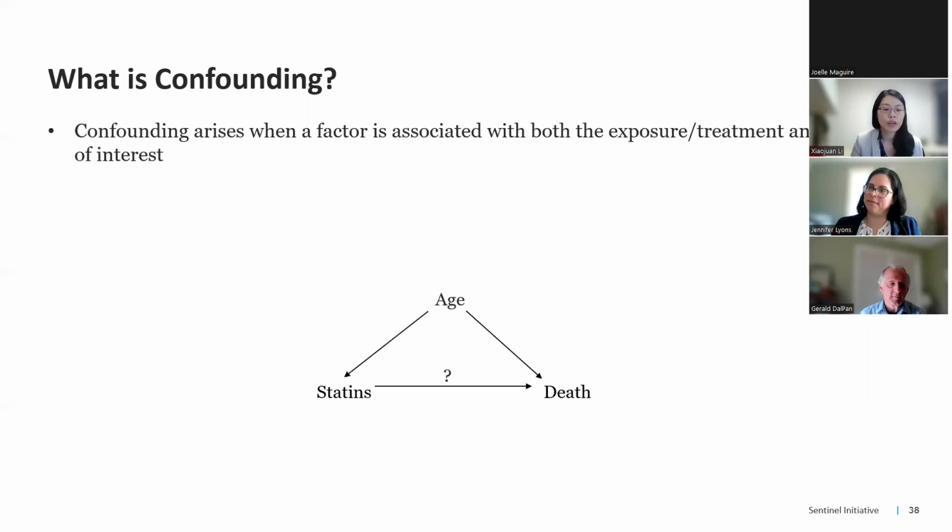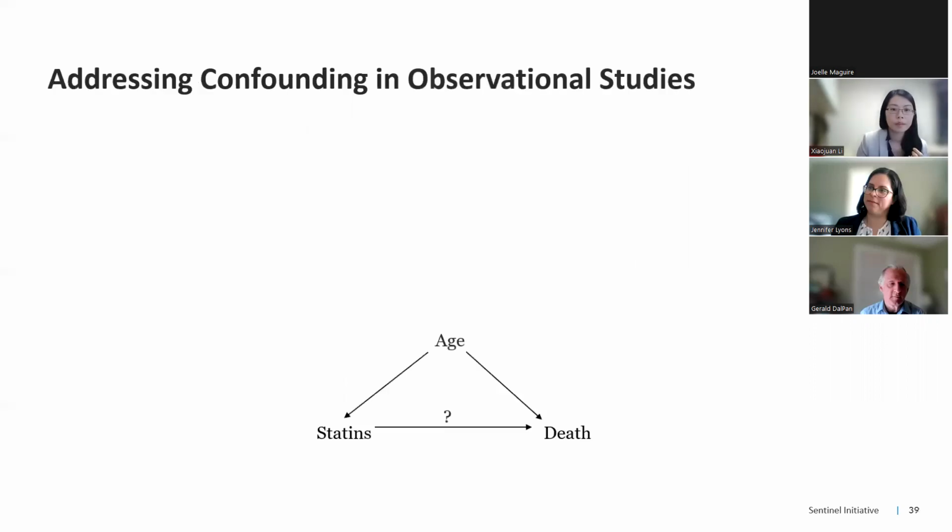So how do we address confounding? How do we address confounding and try to transform this apples to oranges comparison back to the apples to apples comparison? Fortunately, there are multiple ways to do this.